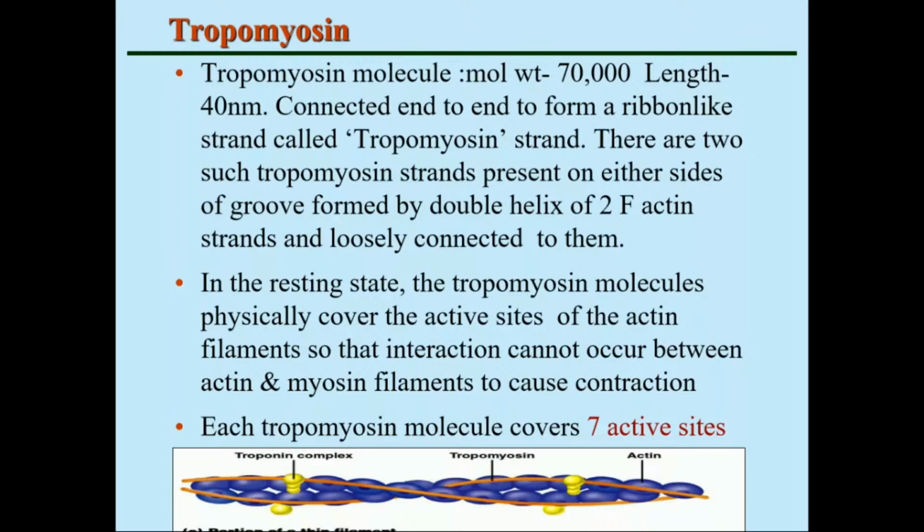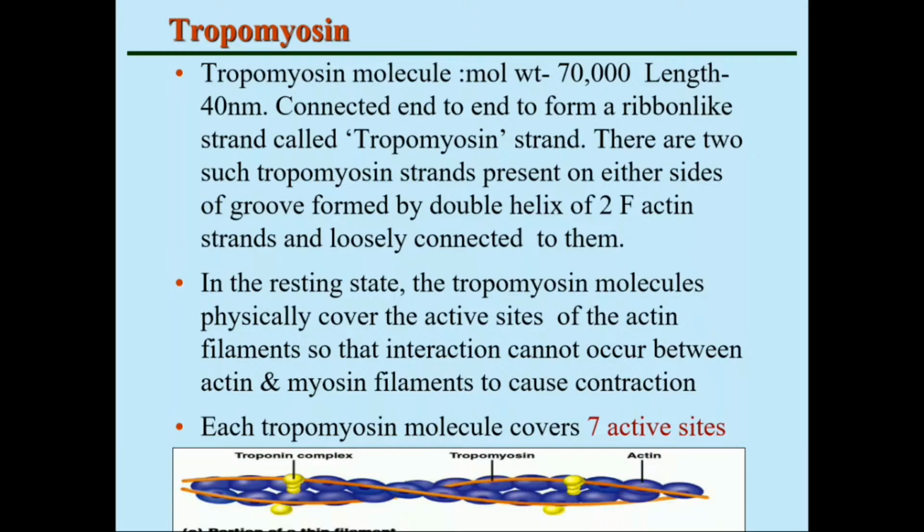Tropomyosin molecule is an elongated thread-like molecule, molecular weight 70,000, length 40 nanometers. These molecules join end to end to form a ribbon-like strand which is called tropomyosin strand. And there are two tropomyosin strands in each actin filament, present on either side of the groove formed by the double helix of F-actin strands.